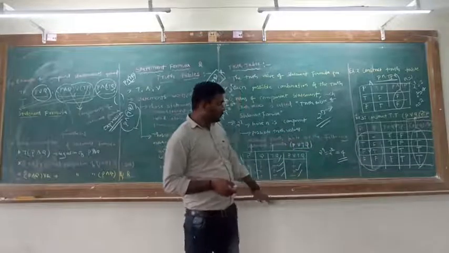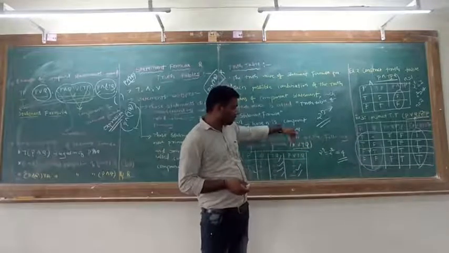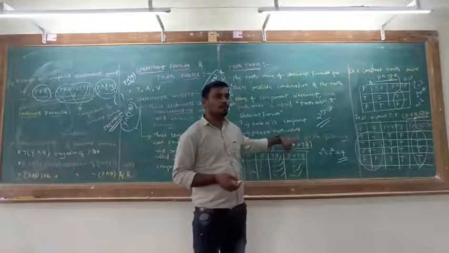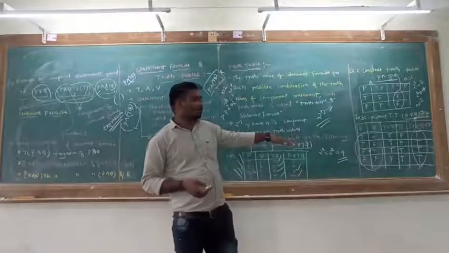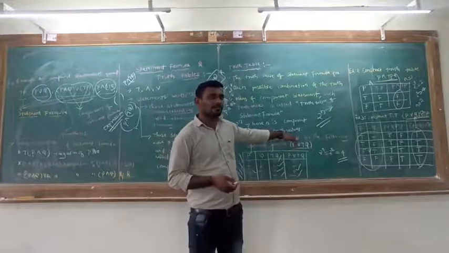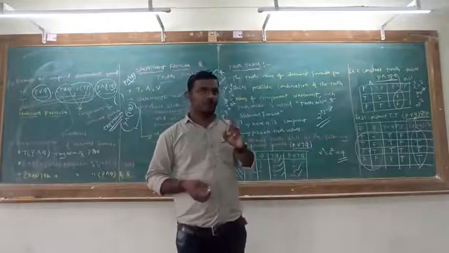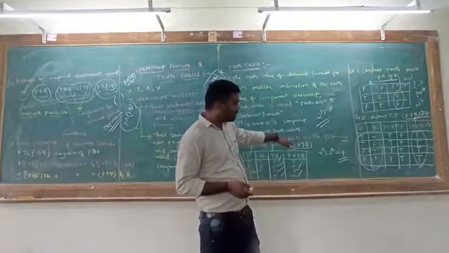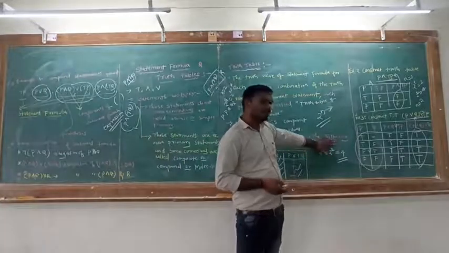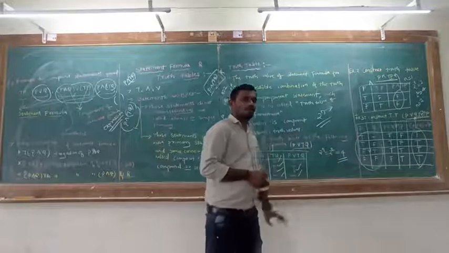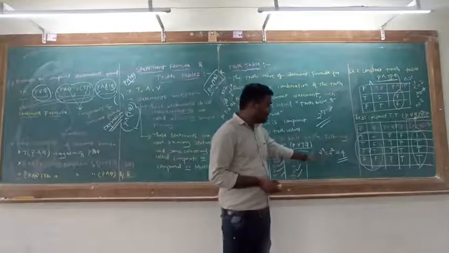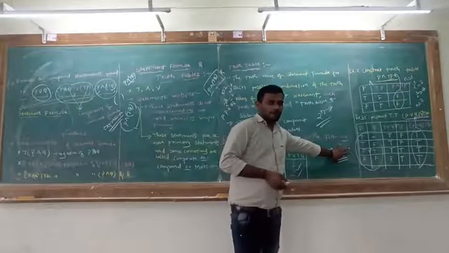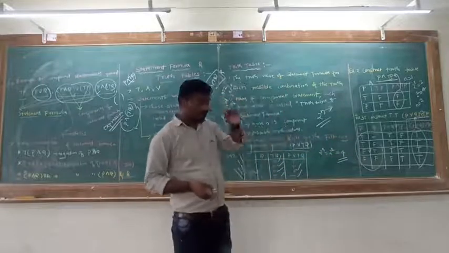Before constructing truth tables, first you have to count the number of components, that is, the number of variables. The same variable we consider as one only. Use the formula 2 raised to n to get the number of possibilities. Suppose there are two variables, that will definitely be 4 possibilities.